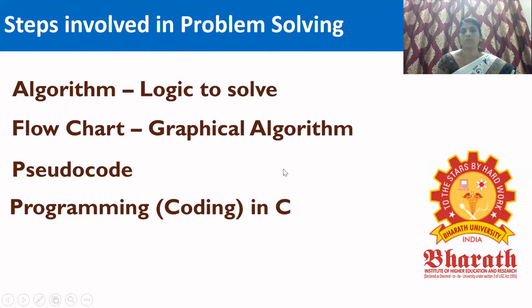Next comes the steps involved in problem solving. Whenever we need problem solving through the C programming language, we have four steps. First, we need to write the algorithm, the logic to solve the problem. The next step is the flowchart, which gives a clear, graphical explanation of the flow of data.